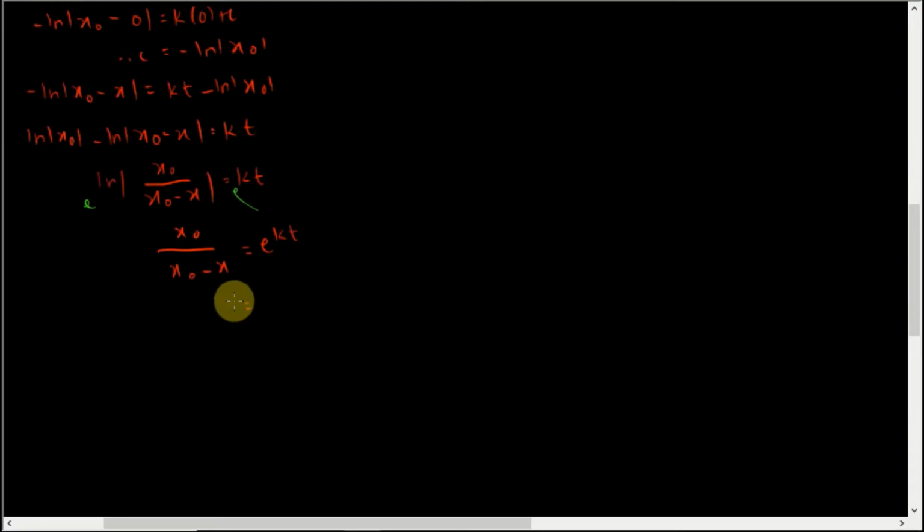So I bring this e to the kt down. So it becomes x naught over e to the kt equals x naught minus x. Okay. Then just left negative x, here left x naught over e to the kt minus x naught. Then I can take out x naught from here, x naught.